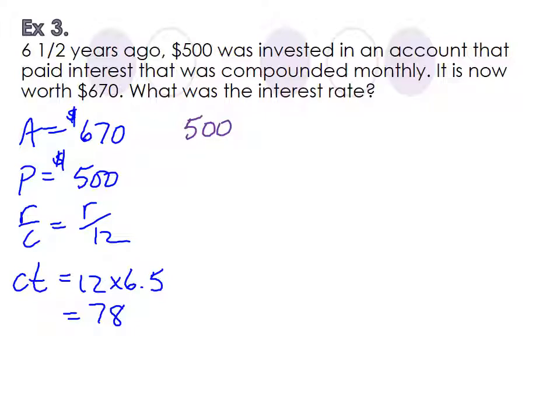So 500 equals 670 times (1 plus R over 12) to the negative 78.